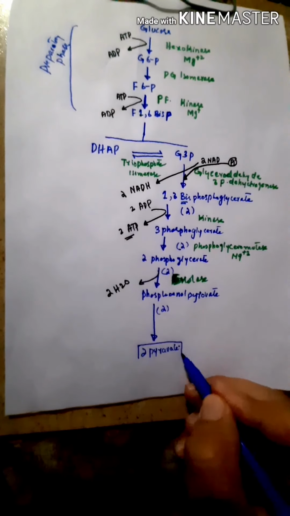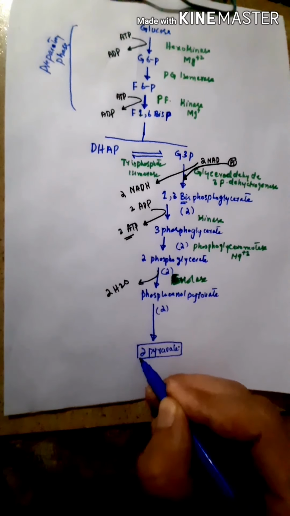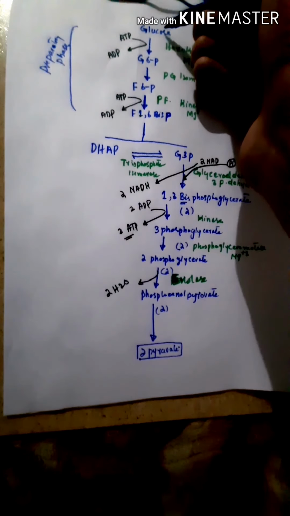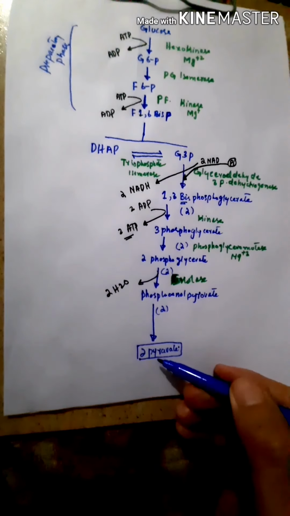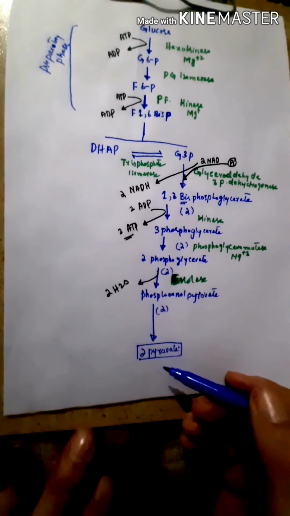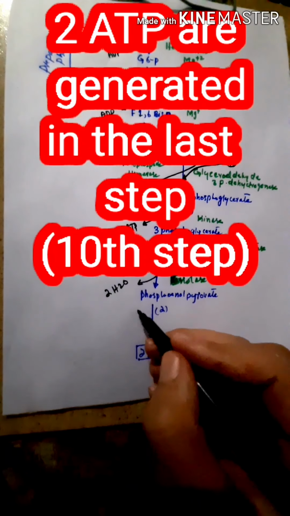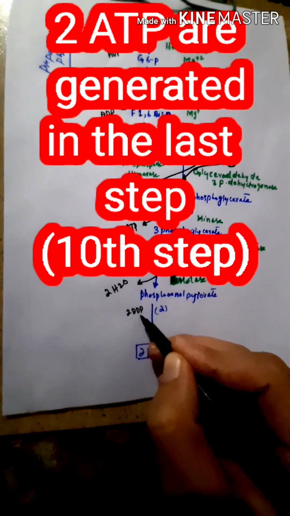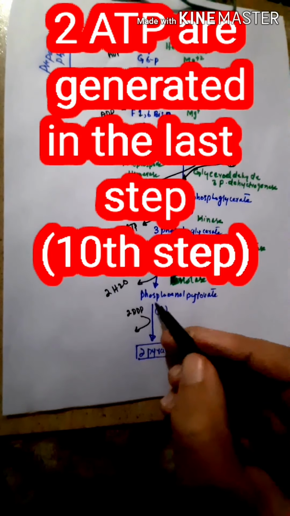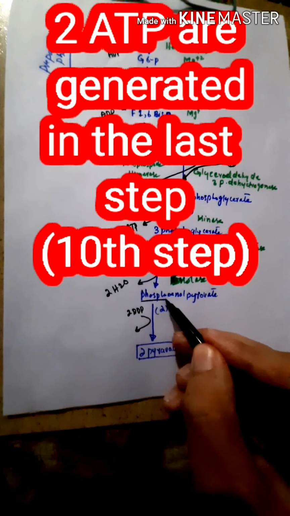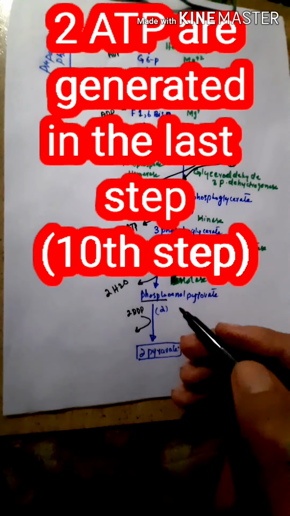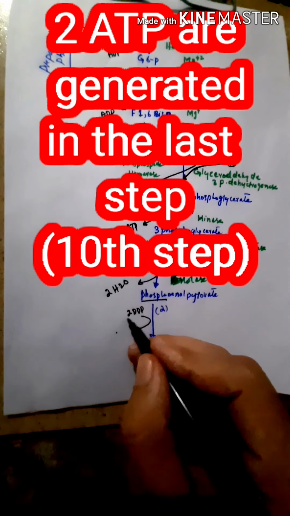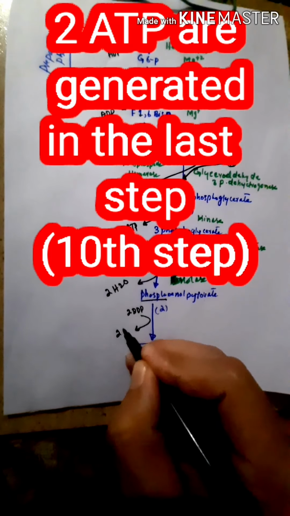These 2 pyruvic acid molecules are actually the result of glycolysis, in which glucose is broken down into 2 pyruvate molecules. In the last step, 2 ADP are converted, and the last phosphate from each of the G3P molecules is attached to ADP to make 2 ATPs.